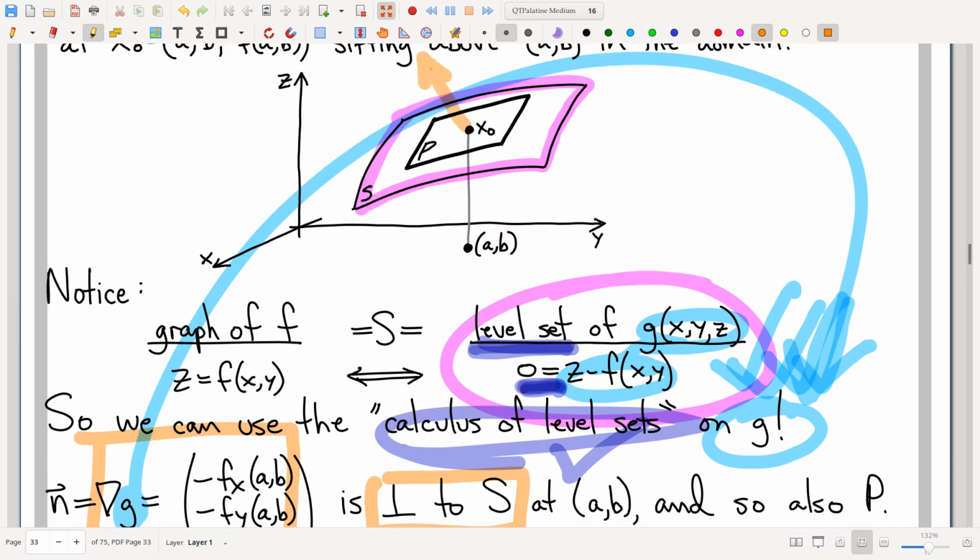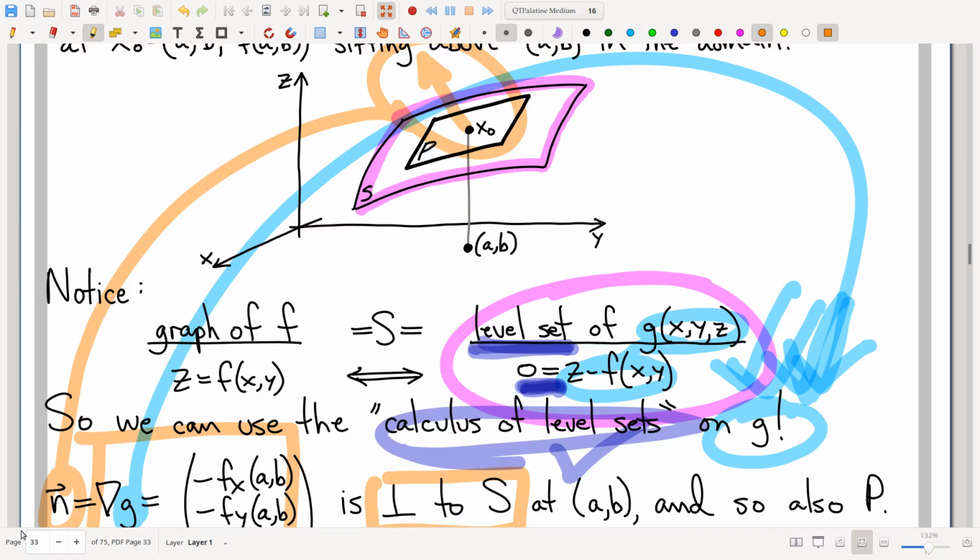Therefore, it's perpendicular to this tangent plane I'm trying to understand, and therefore I can call it my normal vector. It's a slick move. Very slick move, right? Something came to us as a graph, and we said we're going to do a little sidestep here. We're going to reinterpret this as a level set of a different function, and reapply the calculus of level sets, which gives me exactly what I needed.